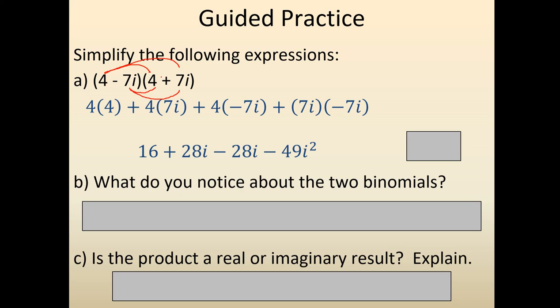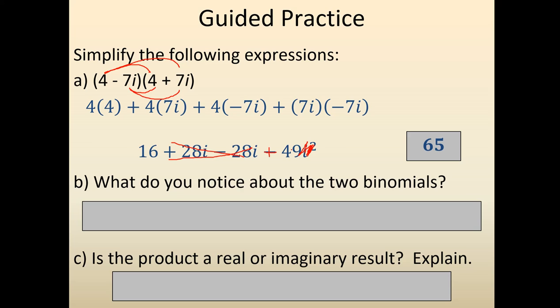When we simplify, we end up getting 16 plus 28i minus 28i minus 49i squared. Remember that when you have an i squared like this, you drop it and switch the sign in front. So this is actually plus 49. The 28i minus 28i actually cancels out, and you end up with 16 plus 49, which gets you 65.